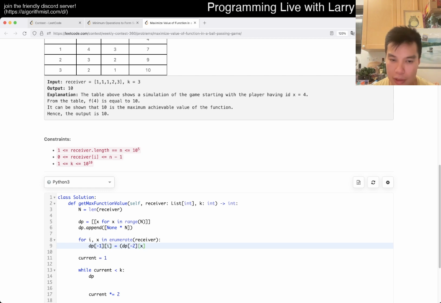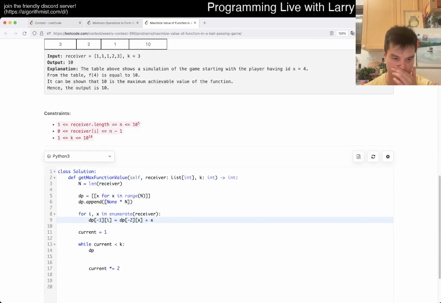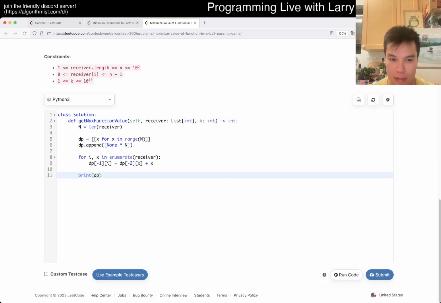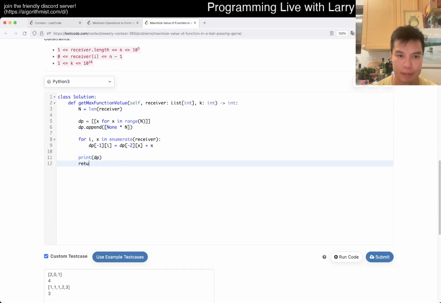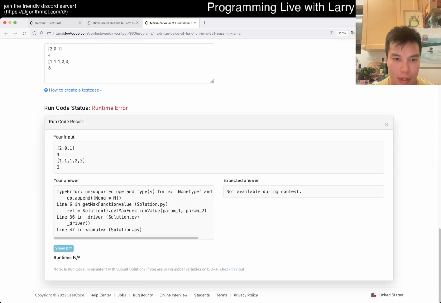Then you look at the receiver ID, and then the receiver ID plus x. Okay, I think that's fine. Oh, you can't do that?